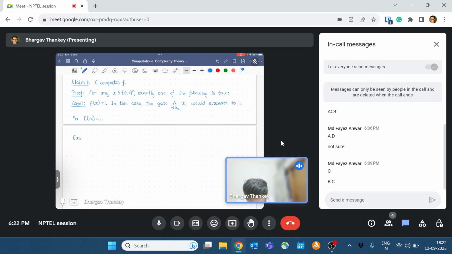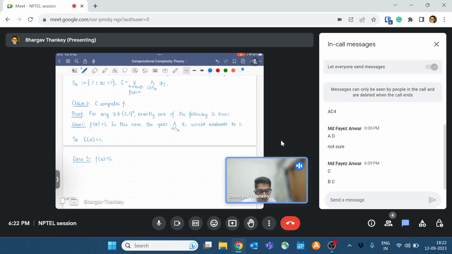The second case is slightly trickier. Second case is f of x equals 0. So what do I need to show? I need to show that in this case, all of these gates would evaluate to 0, right?